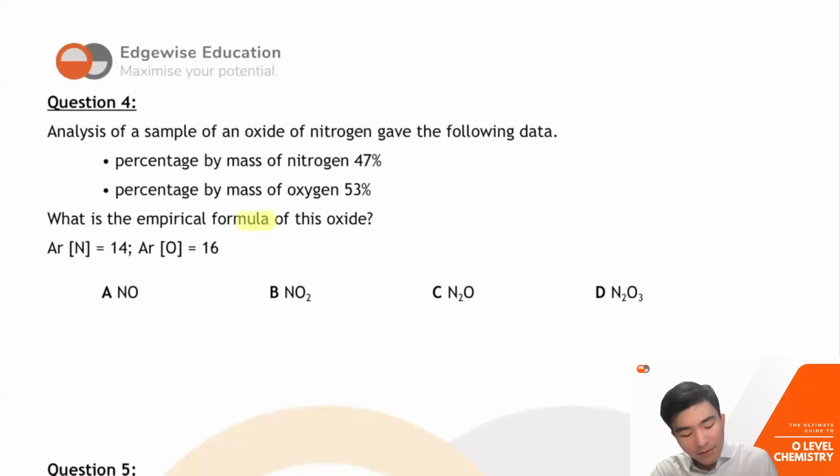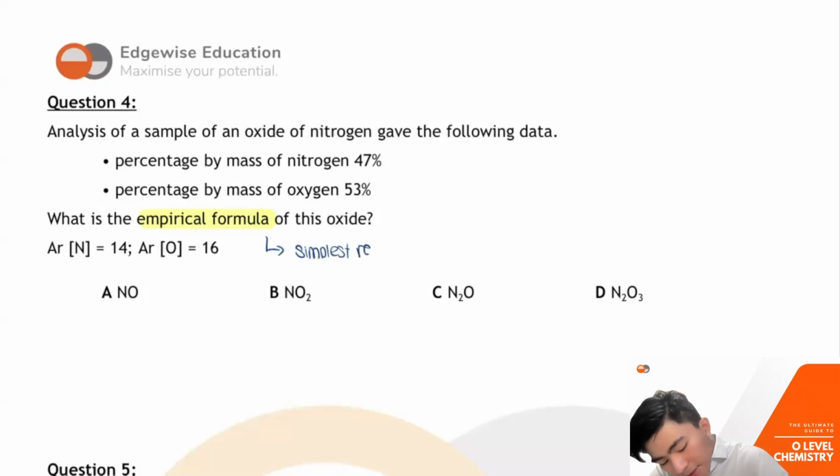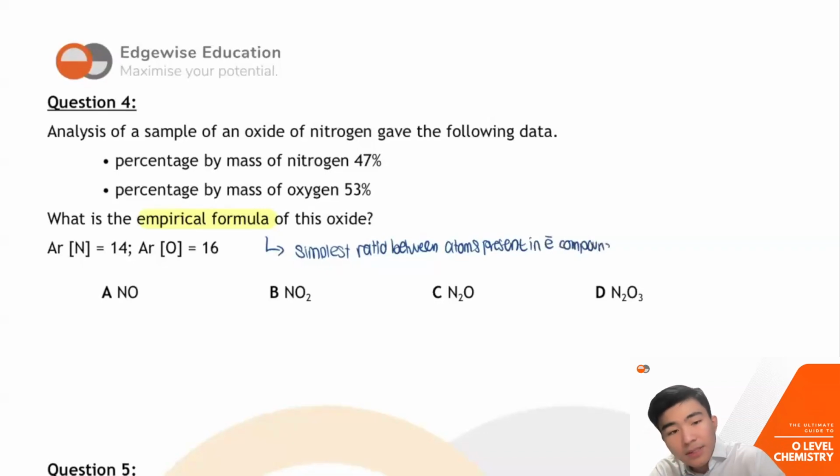An empirical formula is a formula that shows you the simplest ratio between atoms present in the compound. So this is the empirical formula. In this case, I have percentage by mass of nitrogen 47%, percentage by mass of oxygen 53%.